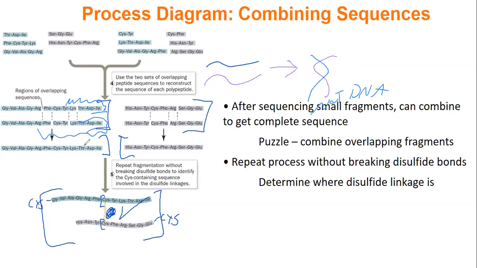And now you're just sequencing each experiment and seeing where the overlap is to make your final peptide. That's what those arrows are showing. Different experiments where you're breaking the peptides different ways. Each experiment is using a different endopeptidase to make different cuts. That's what's going on here. That's what we're trying to show. Does that make sense?